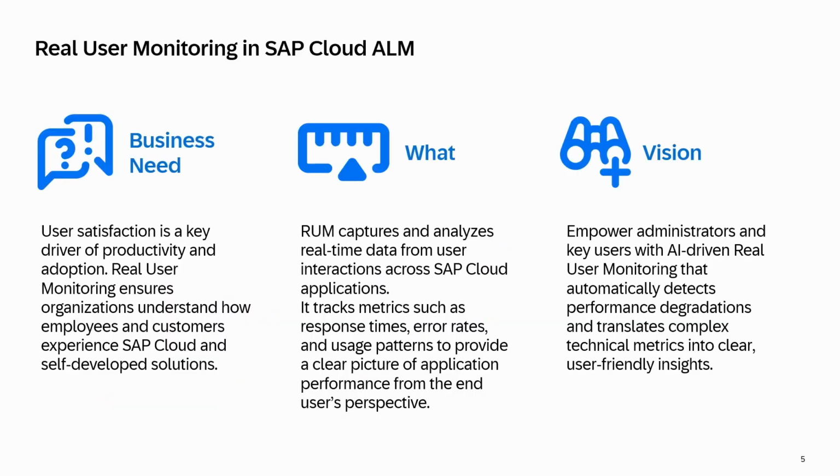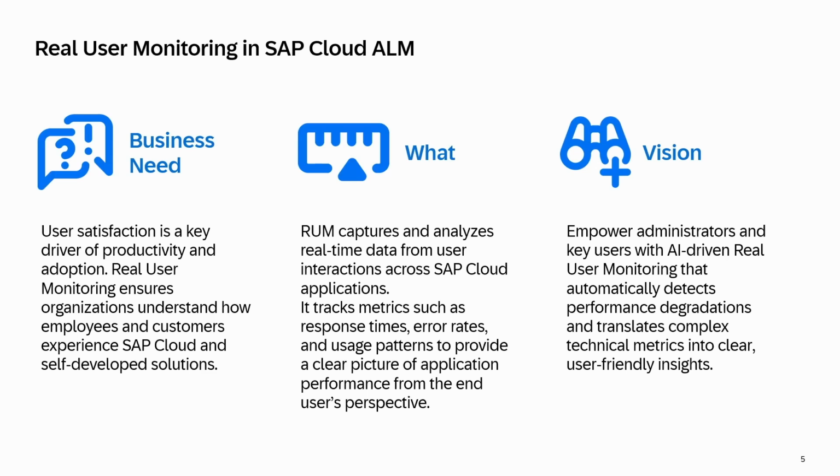So what is actually the business need from real user monitoring in SAP Cloud ALM? User satisfaction is really key, that we and the customer know what the users are executing, how often they are executing, and what the response time is for them. How do we achieve this? We measure and capture different metrics, response times and error statuses from the different systems.